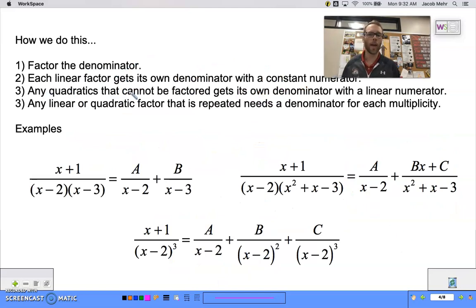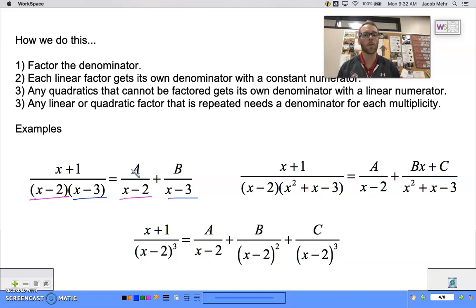Okay? Now, if we have a quadratic that can't be factored, well, let me back up here just a second. So let's look at this example. We have x plus 1 over x minus 2, x minus 3. This linear factor of the denominator gets its own denominator. This linear factor of the denominator gets its own denominator.